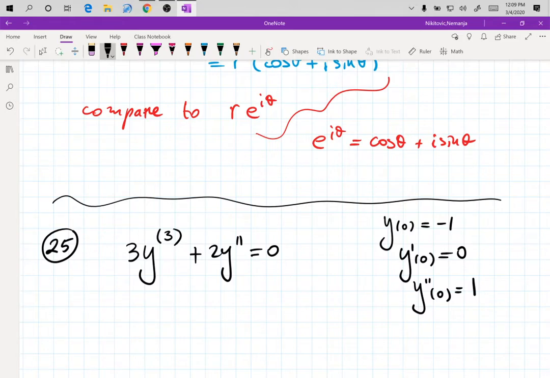Initial condition on velocity, you're also starting at time 0, your velocity is 0. If y is height, you're starting negative 1 feet above the ground, which is 1 foot below the ground. You're starting with 0 velocity, and your acceleration is 1 at the start. Well, this makes sense. Just live with that negative 1 there.